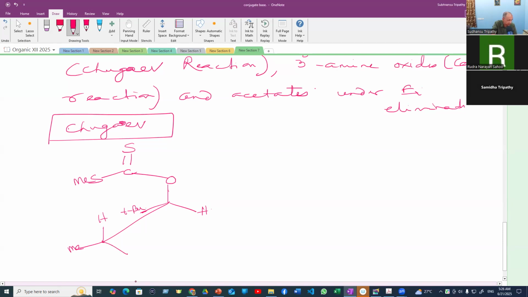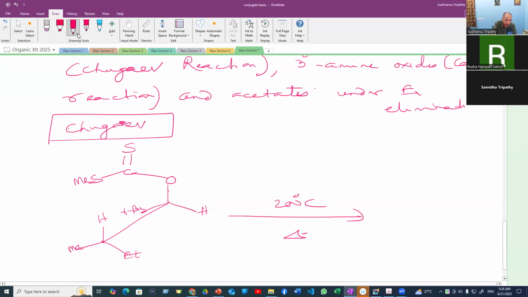There are two chiral centers. Now what will happen when you heat it to 200 degrees Celsius? Even before heating, it will remain in the anti form because the eclipsed form is unstable, but it will come to the eclipsed form before the reaction.